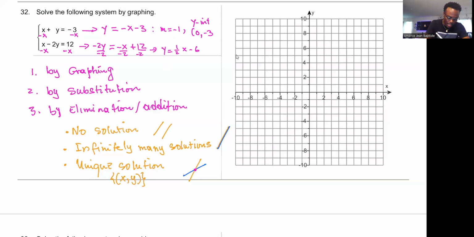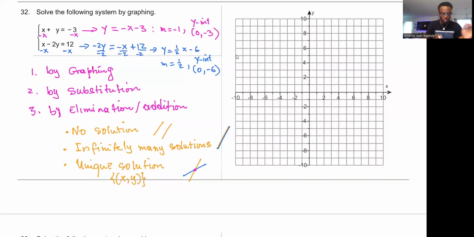Let me get this one in blue so we can see the colors on the lines as well. So my slope here is m equals 1/2 and the y-intercept is (0, -6).